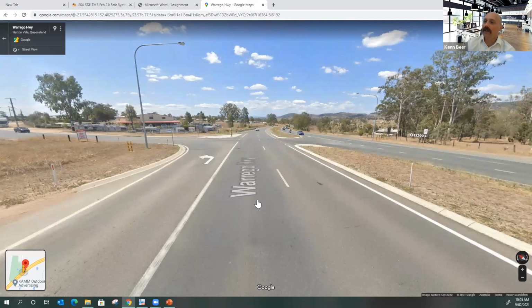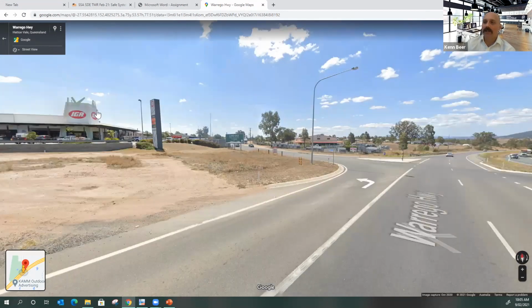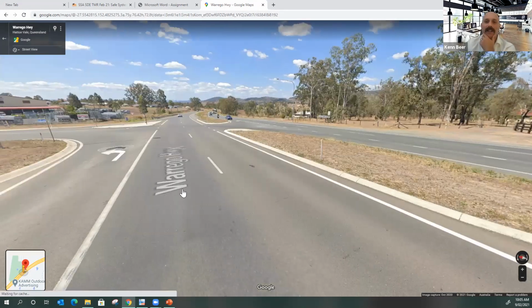Those vehicles and these vehicles are exposed to crashes. One of the things that would influence those numbers is your land use. You've got your shopping centre there, and that's creating or influencing how much exposure there is.